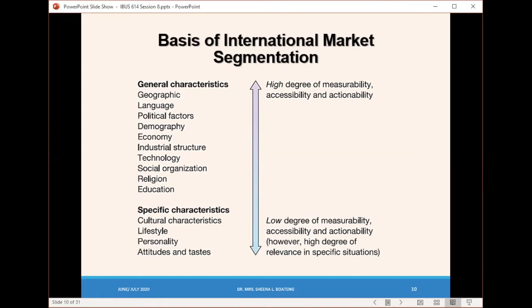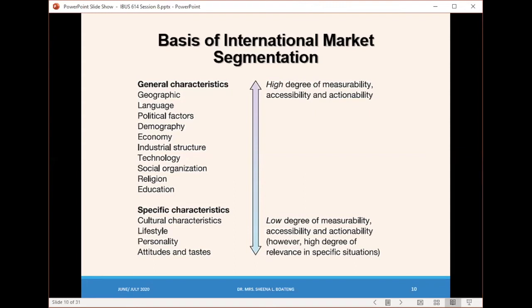So even though the level of measurability, accessibility, and actionability is not very tangible, like Saliu helped us to establish a few moments ago, some of the things the marketers can accurately help you measure, but with some of them, the measurability is very low. Likewise, accessibility and actionability. However, they can be very high when it comes to their relevance in determining the success or otherwise of a firm in a foreign market.